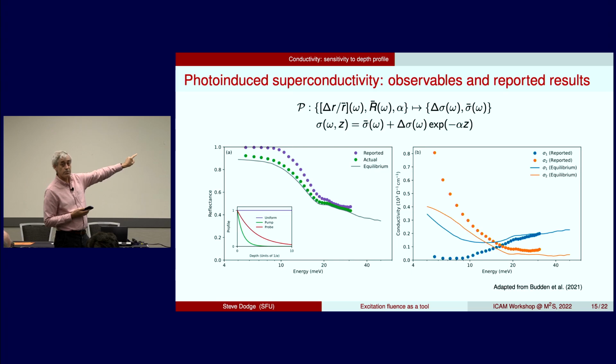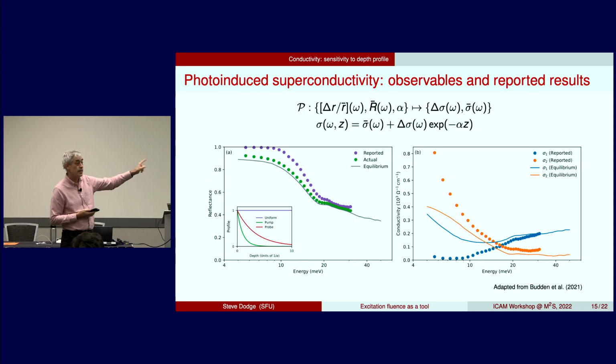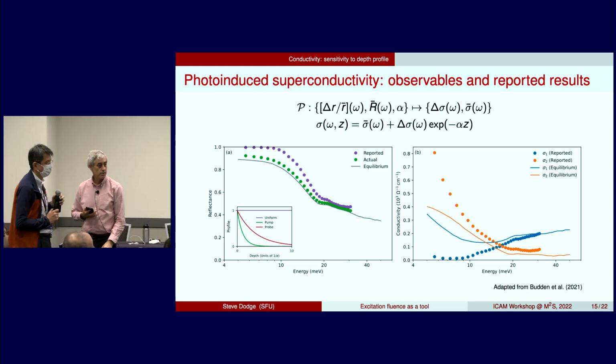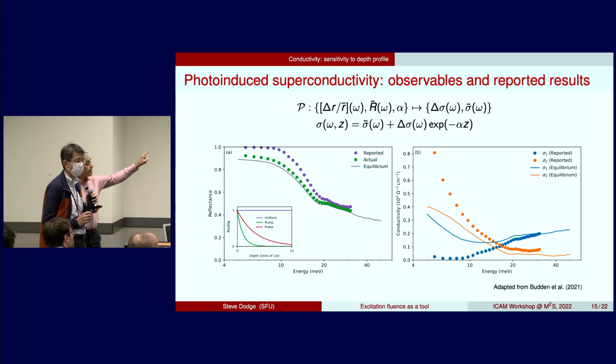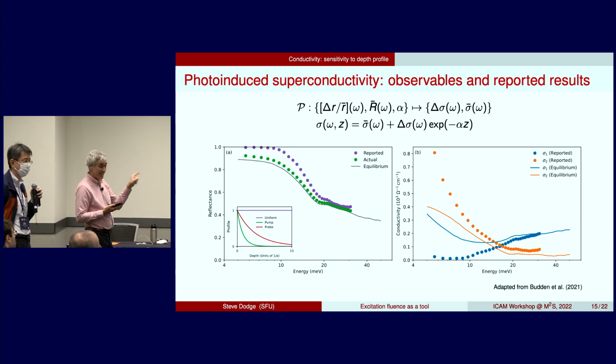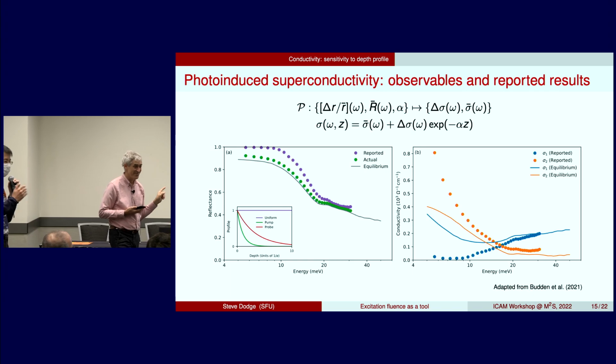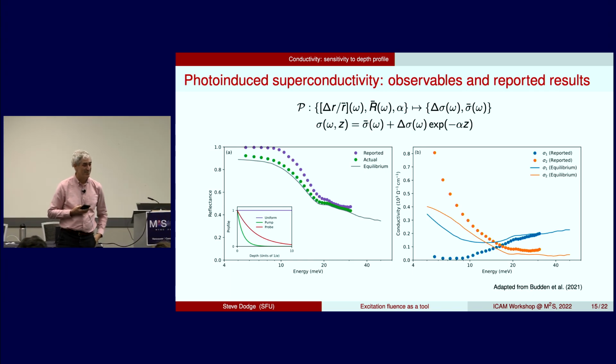I invite everybody to look at that functional form and recognize that there's an implicit assumption embedded in that expression that the change in the conductivity is directly proportional to the excitation density. So you have already assumed the thing that you're saying I shouldn't assume. Density doesn't exist in my language.